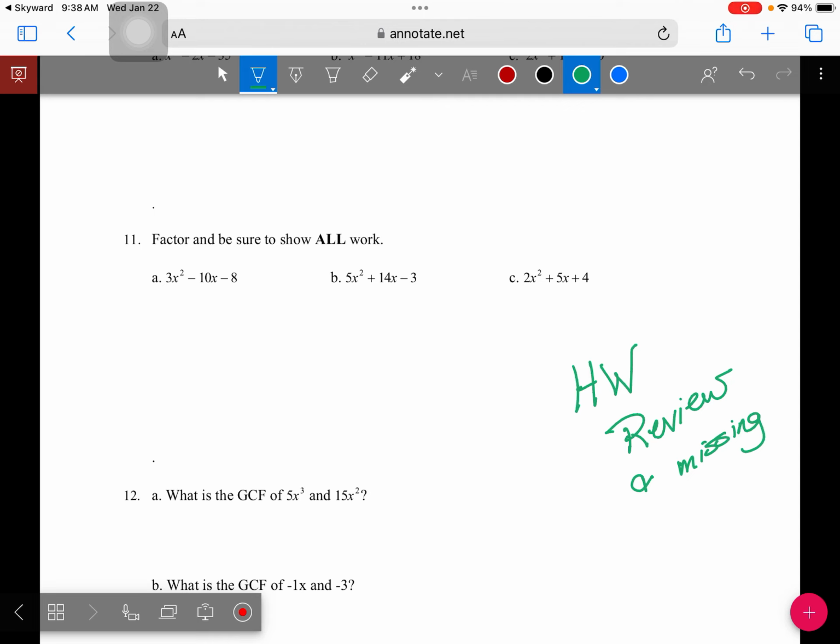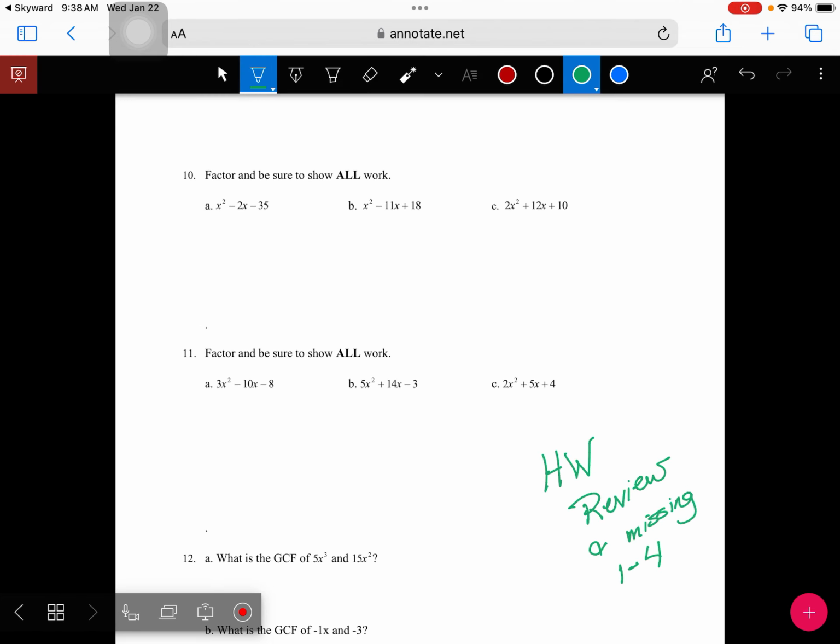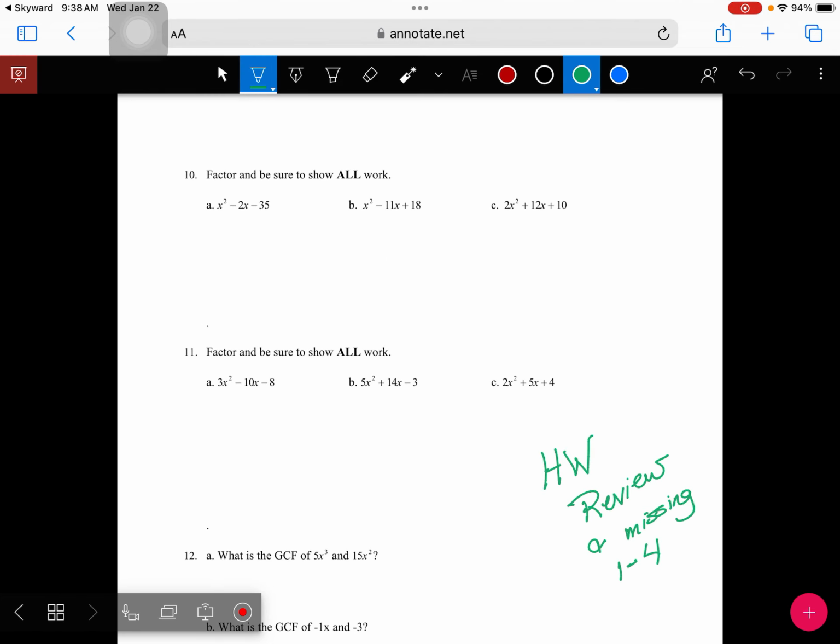Okay, we don't have to jump out of here. And any missing assignments 1 through 4. All right. Do most of you feel like you understand difference of 2 squares a little better? All right, we'll see you tomorrow. Try to finish that review.